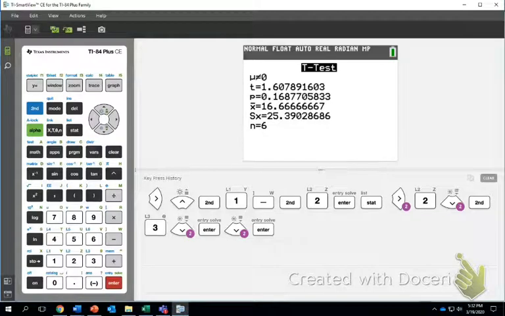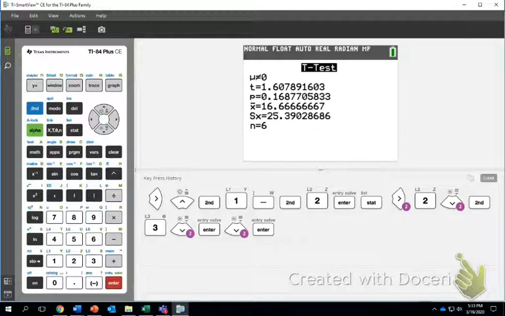This way I don't have to do the table. It just gives me the answer of 1.608, as you can see right here, if I round correctly. It might be a little different if you do it by hand. I want to point that out because the calculator goes to infinite decimals, whereas when you do it by hand, people tend to round early as opposed to later.